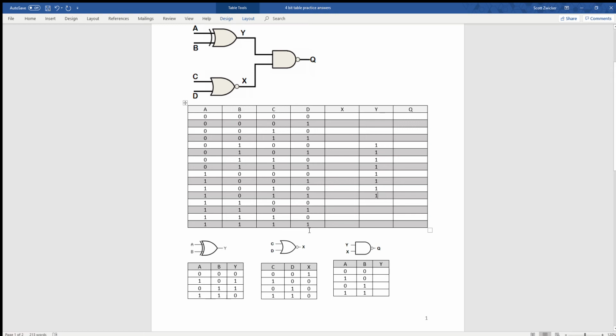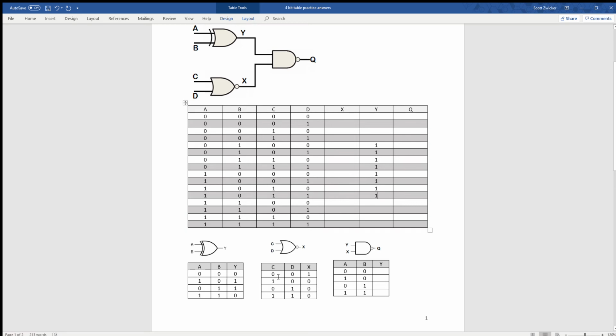So now I can look at my second gate, which is C NOR D is X, NOR both. So here I've got the truth table for the NOR. And you can see that it's only when I have a 0, 0 combination do I have a 1 in the X column.